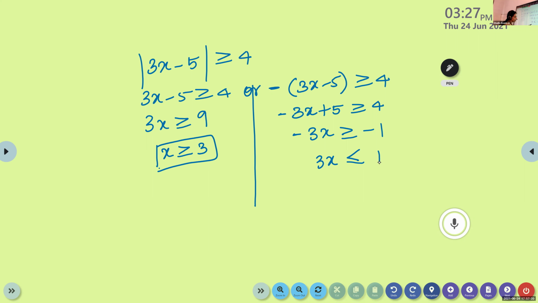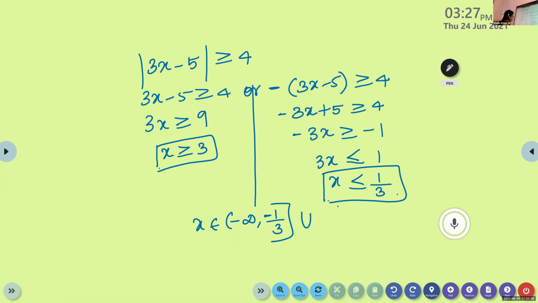So x is less than or equal to 1 by 3. Combining these two, x belongs to the interval minus infinity to 1 by 3, union 3 to infinity.